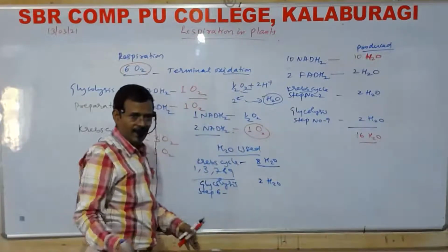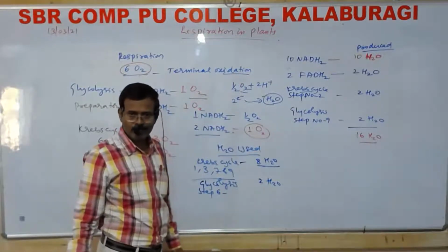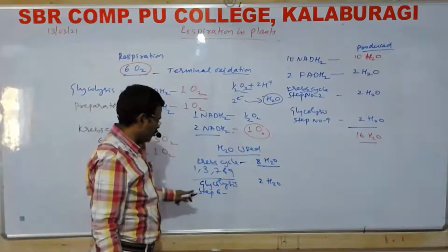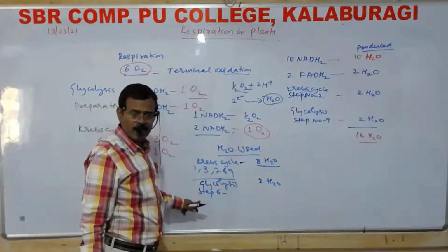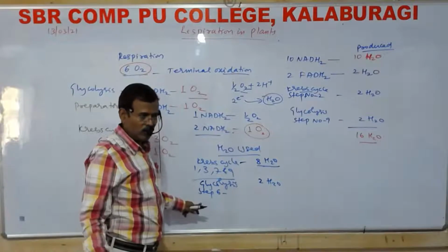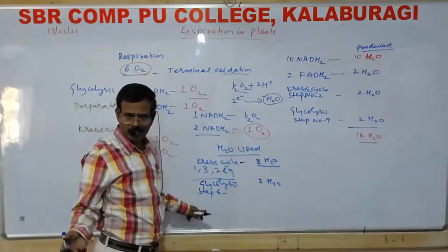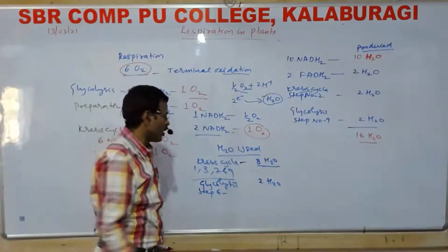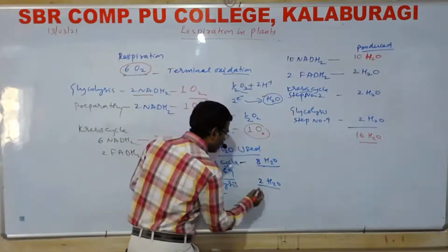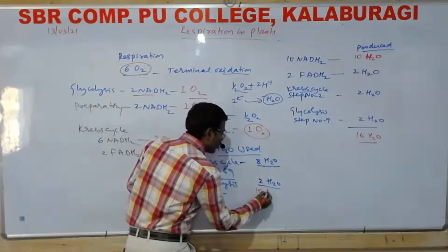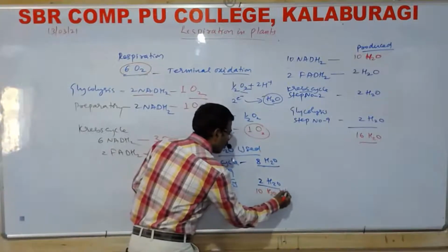It is there in reference books. It is a dehydrogenation or oxidation reaction where NADH2 is produced. There 2 water molecules are used. So total how many used here? 10 water molecules used.